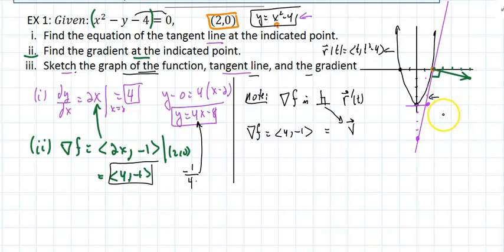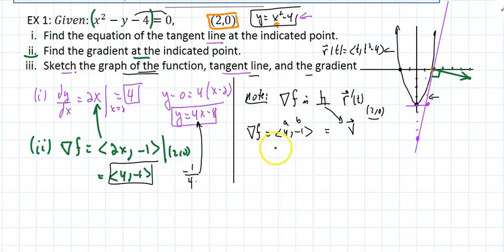So, to find an equation of a plane, I need a point on it. I got a point. And I need a vector perpendicular to it. The vector is right there. This is like my <A, B>, if you remember, from back in the days. And the point is right there.